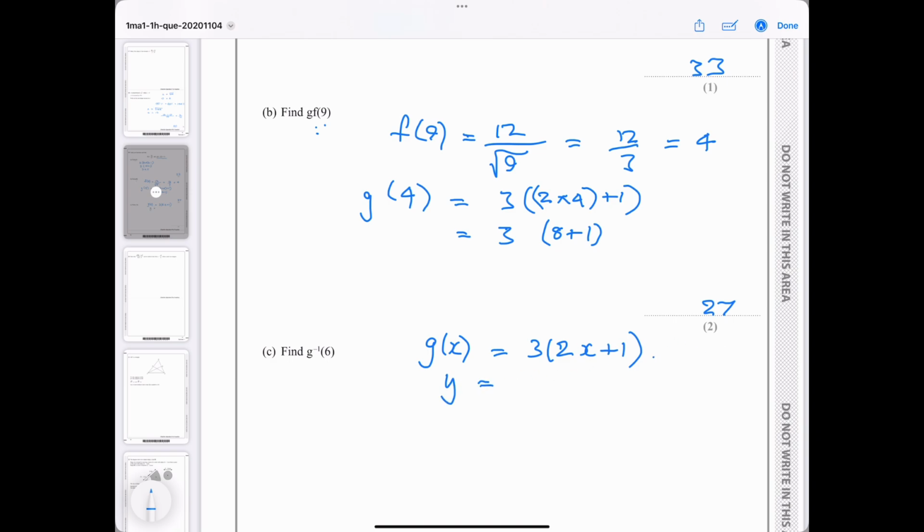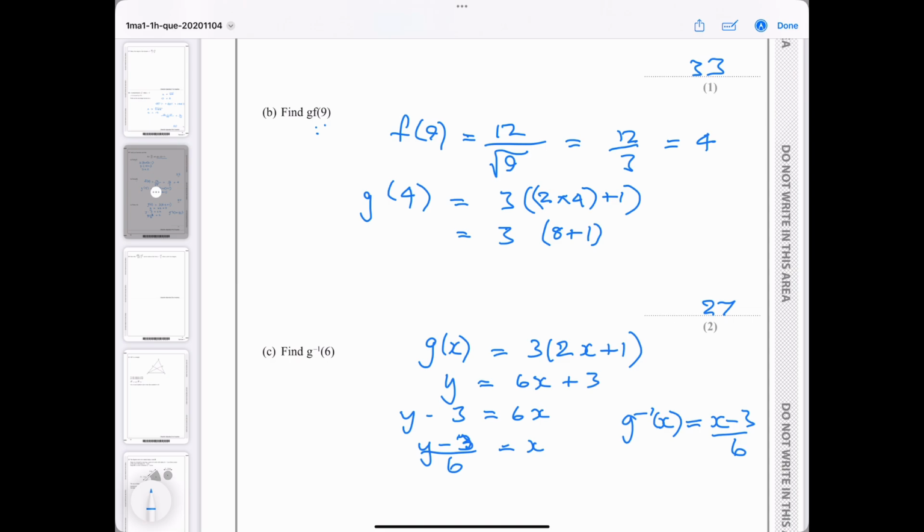So we're going to now expand the brackets, so 6x plus 3. y minus 3 equals 6x. And so (y minus 3) over 6 equals x. So that means that g to the minus 1 of x equals (x minus 3) over 6.